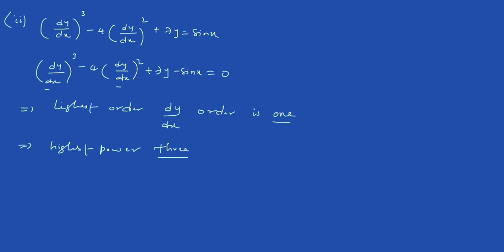Highest power is 3, so its degree is 3, because the highest order derivative in this equation is dy by dx and its power is 3. Therefore it's a first order and third degree equation, right?